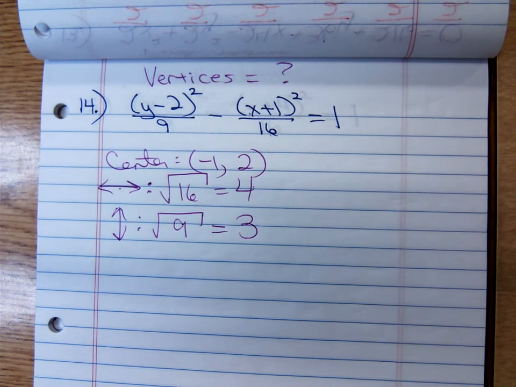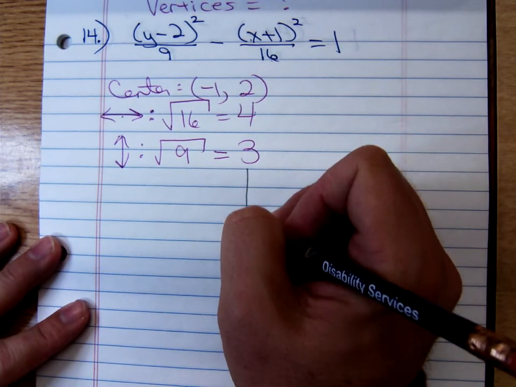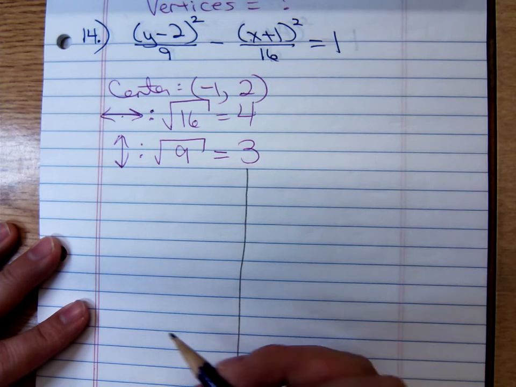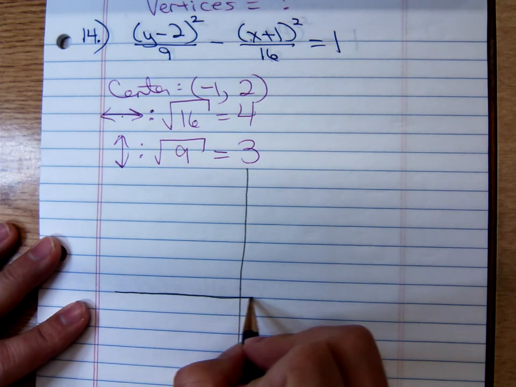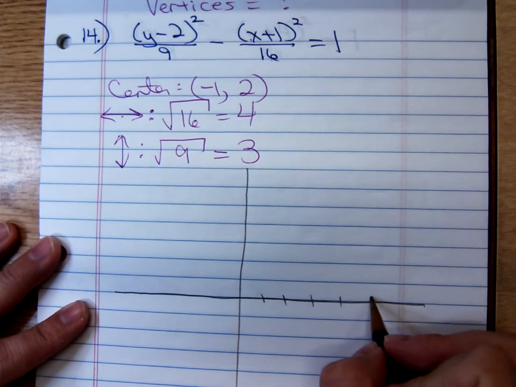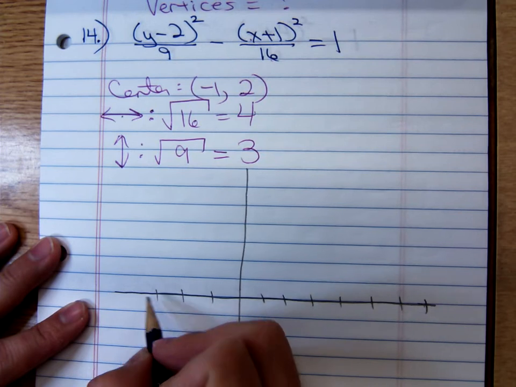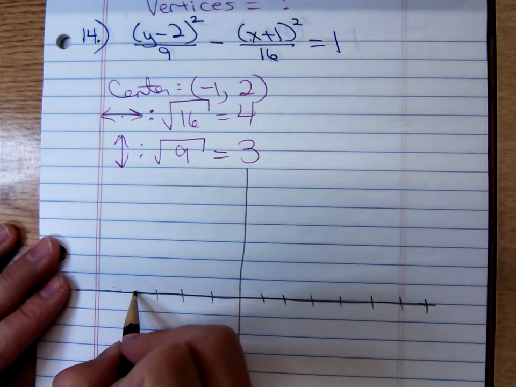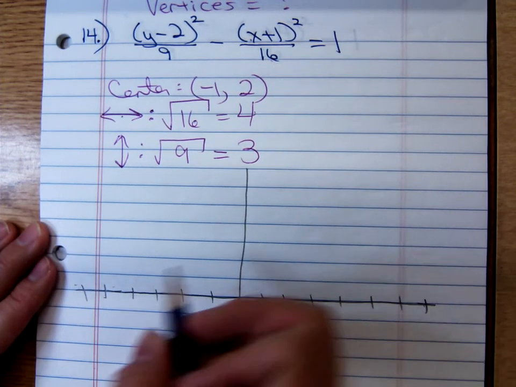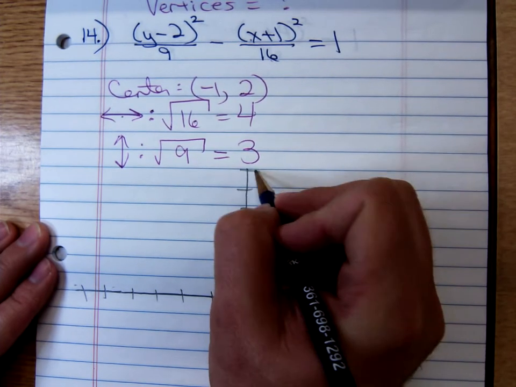And then I'm going to go ahead and start drawing it. But I'm only going to draw as much as I need to in order to get the center and in order to determine the vertices. So we're at negative 1, 2, right there.